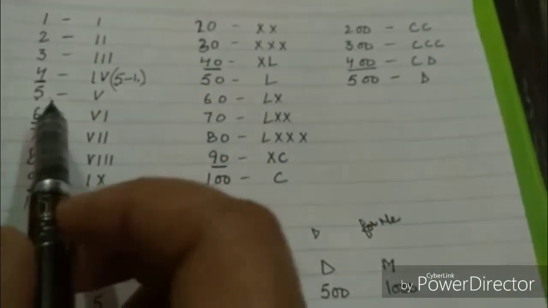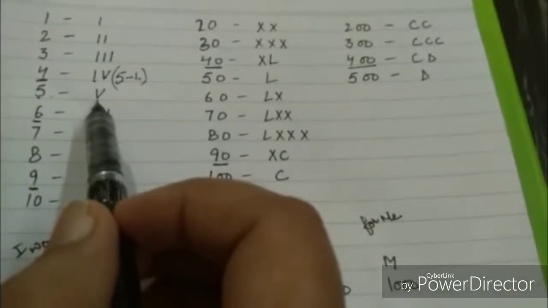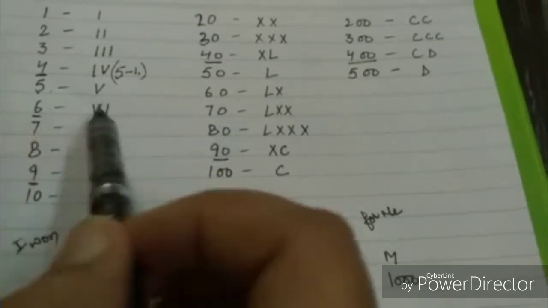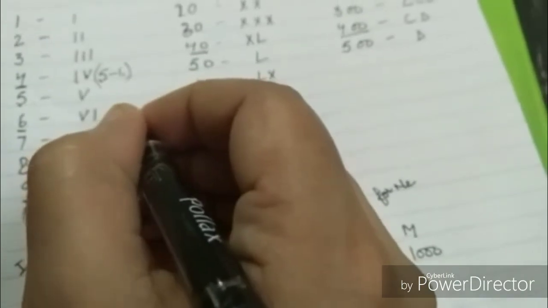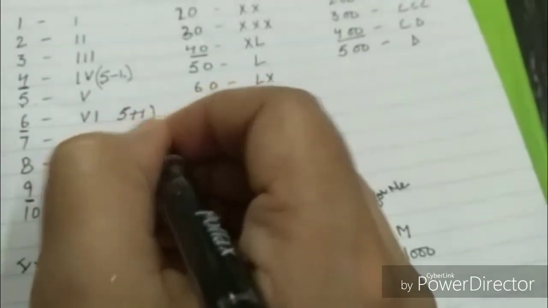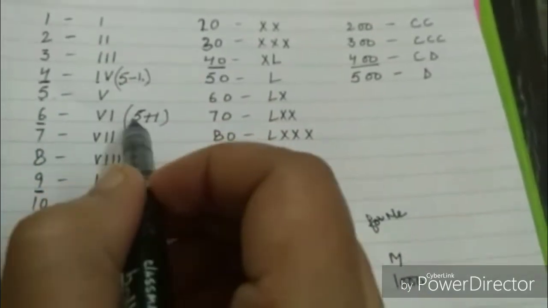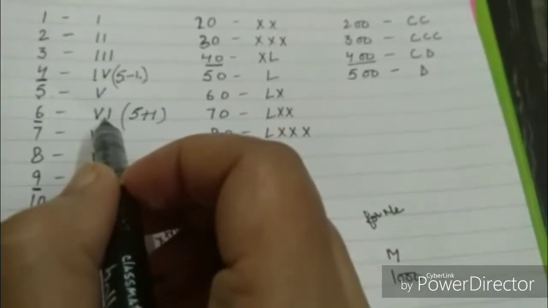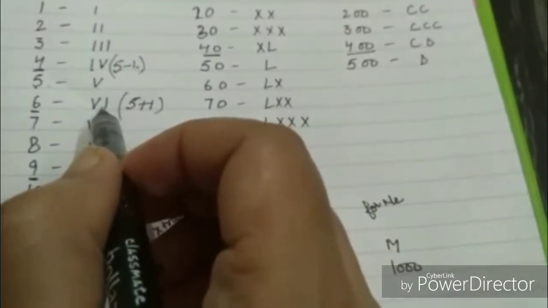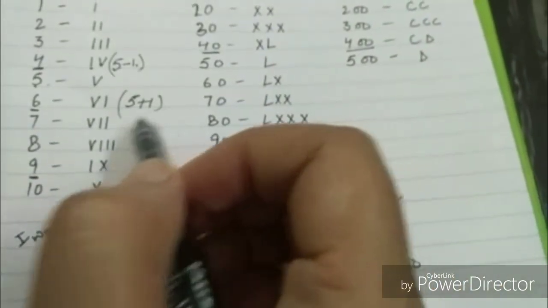So move on. 5 will be represented as V only. Now 6. 6, as we know, can be written as 5 plus 1. 5 is V, and plus 1 means we have to write this I on the right side. Clear?